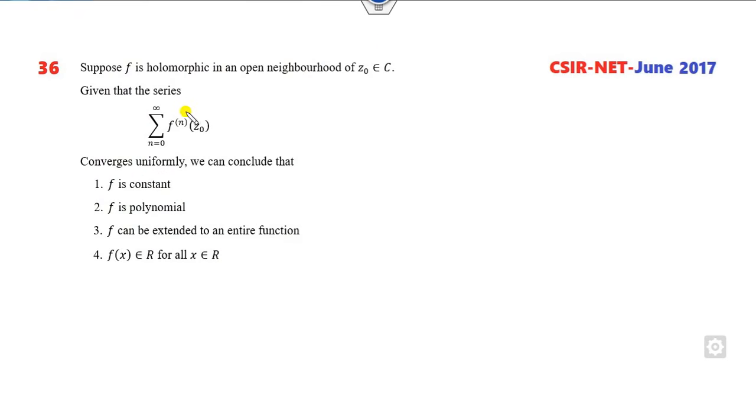Okay, consider a holomorphic function, where the series is absolutely convergent. Remember, in real analysis we already discussed that if the series of f_n(x) converges uniformly, the Mn test will be applicable. What is the meaning of that? It is my nth derivative.